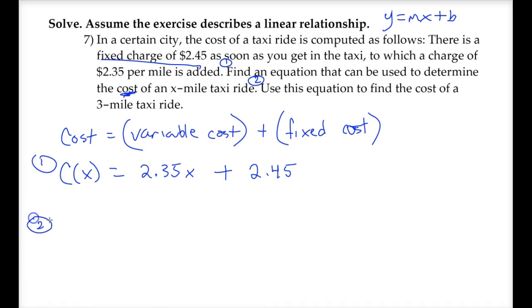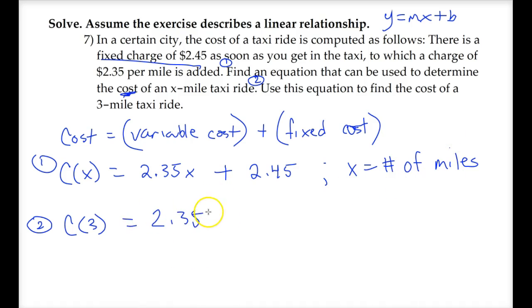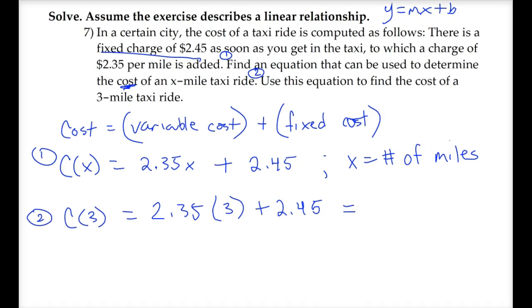The second part is, can you use this to be able to come up with the amount that you're going to have to pay for a 3-mile taxi ride, okay? And so we simply just plug in 3 for x, since x represents number of miles. And so just plug this in to $2.35 times 3 plus $2.45, okay?